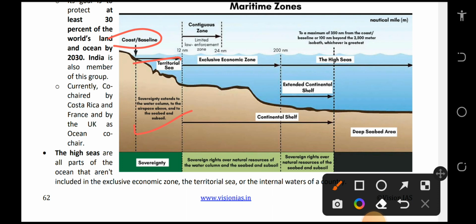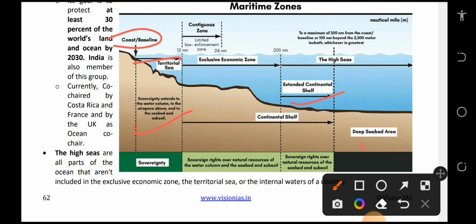Next is the extended continental shelf. This comes under the high sea, to a maximum of 350 nautical miles from the coast baseline, or 100 nautical miles beyond the 2500 meter isobath, whichever is greater.